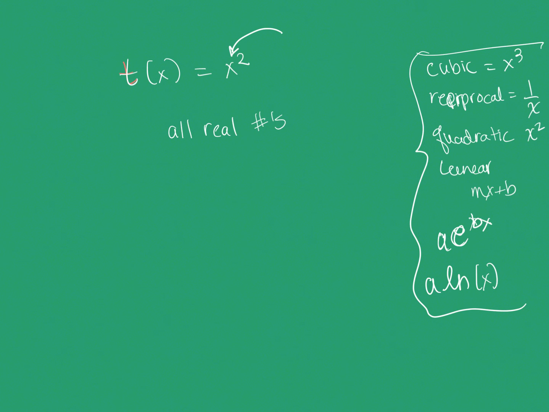No, so my range is going to be only positive numbers. I can get 0 out, and then all the positive numbers will come out, but that is all. So my answer for range should look like this. My answer for domain should actually look like negative infinity to infinity, which is how I would write in interval notation all real numbers.